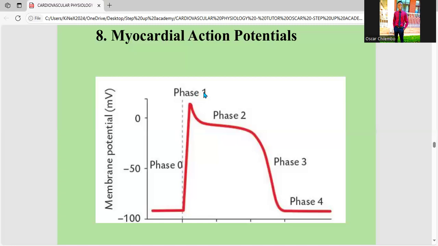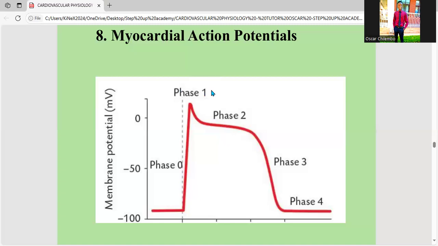Then from phase 1, we go to phase 2. This is also known as a plateau phase. What happens during a plateau phase is that at this point, calcium starts coming inside the cell. Whilst, remember during phase 1, potassium was leaving the cell, but now calcium starts going inside the cell.